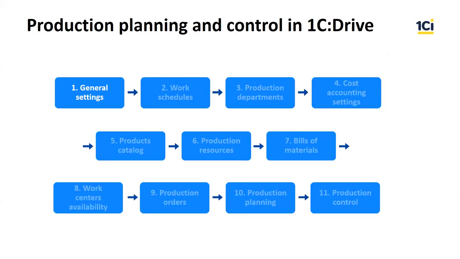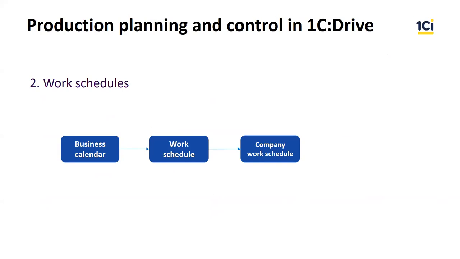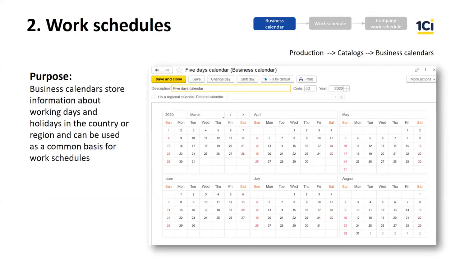Next are work schedules. Here are 3 items: business calendar, work schedule, and company work schedule. Business calendar stores information about working days as well as holidays, and those are usually fixed on a legislative level of your country.